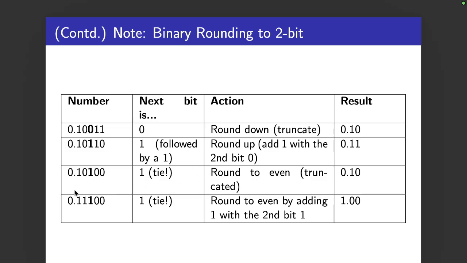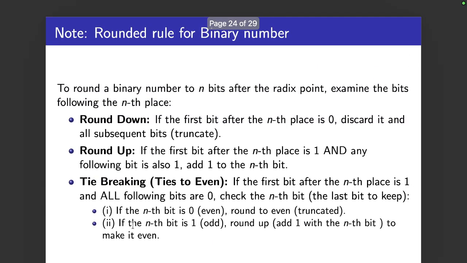This 0 is even. Next, rounding to 2 bits, here is 1 and all zeros, but here this place is 1 and the next bit is 1, so round to even by adding 1 to the second bit. By this rule, if the nth bit is 1, odd, round up, adding to the nth bit to make it even.